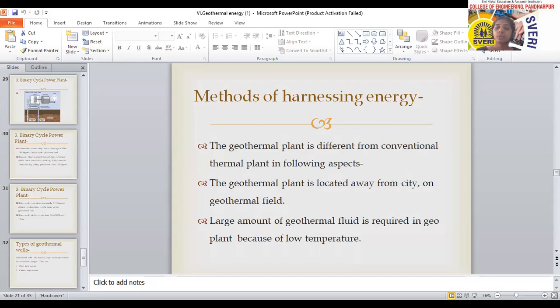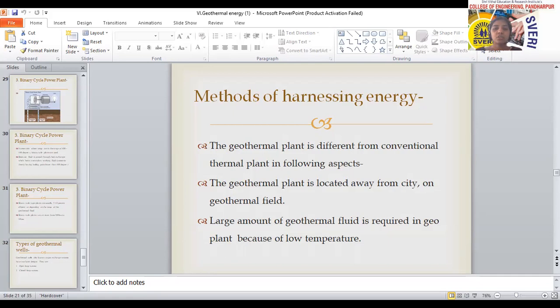As compared to a nuclear thermal power plant or any other type of thermal power plant, the amount of energy generated is less in a geothermal power plant. Why? This is energy that we are getting freely without utilizing any type of fuel. Whatever heat energy we get from the earth should be used in the geothermal plant. In a geothermal plant, the temperature may or may not be constant; that depends on the type of plant formed.